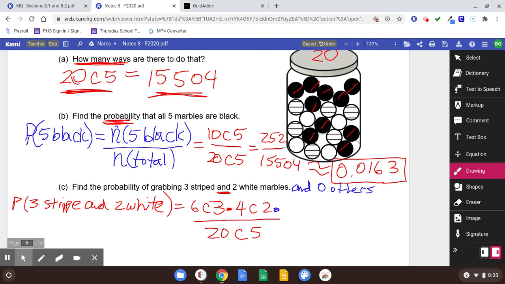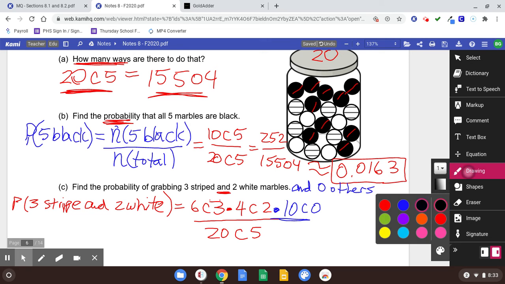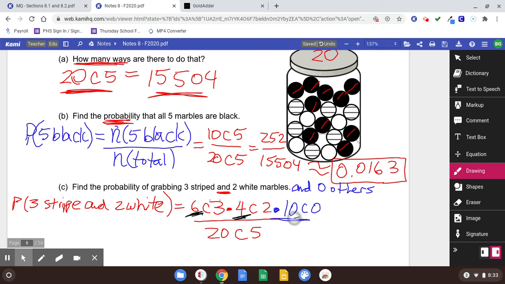So I might complete this problem by saying there are 10 black ones, and I'm choosing 0 of those. The only reason I like doing that is because 6, 4, and 10 add up to 20, and 3, 2, and 0 add up to 5. So there's a certain kind of consistency where you can see there are 20 marbles, and we're choosing 5, but specifically which 5. If you want to leave that off, you can, but I don't normally do that.